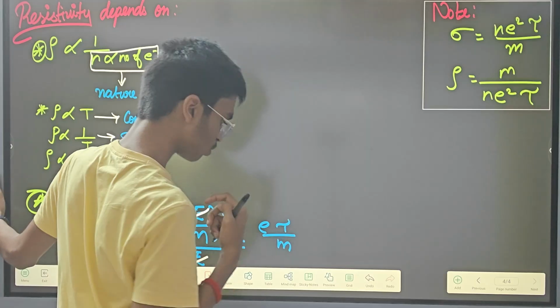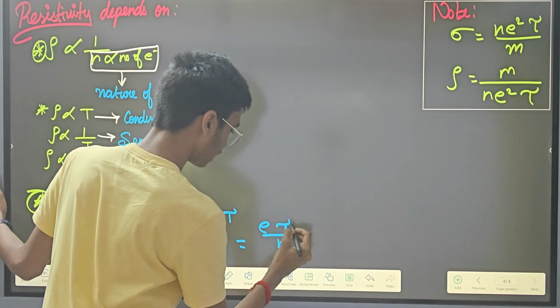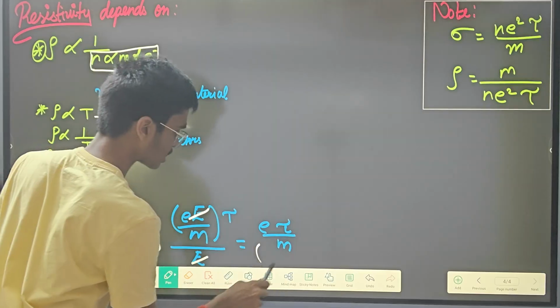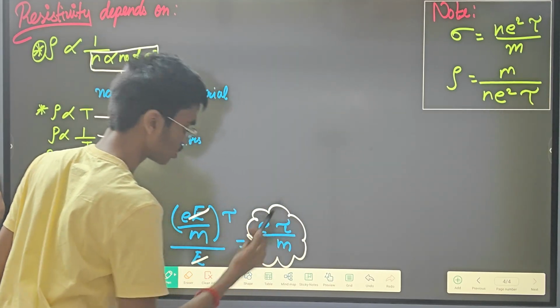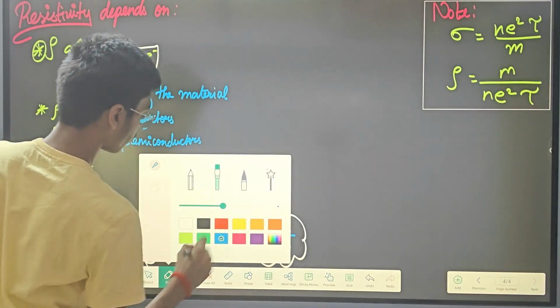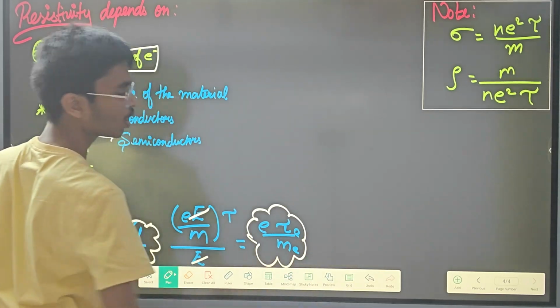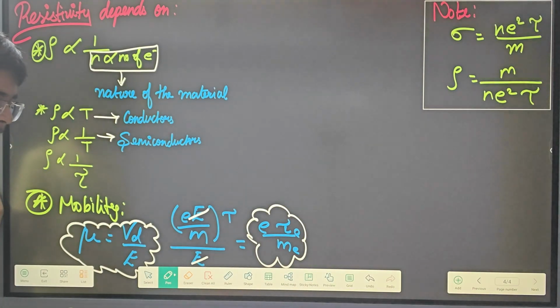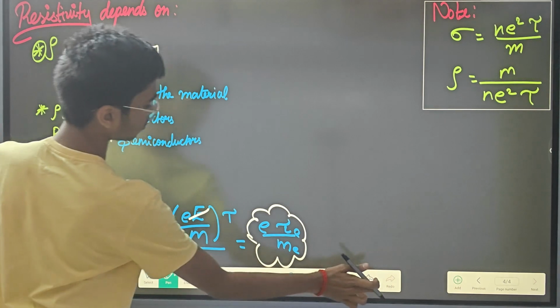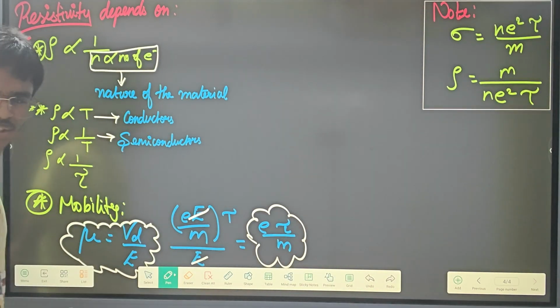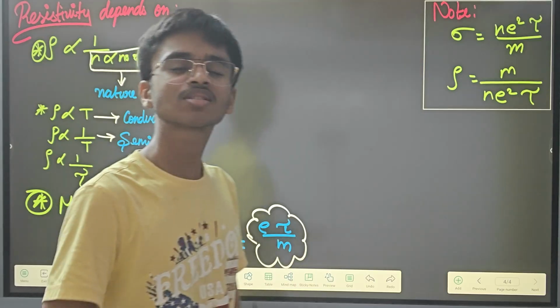So here this tau is there, and then this m is there, so it is actually the main representation. For electrons all you have to do is put here e and here also e. Then for holes, in place of e you can just put h and move on.